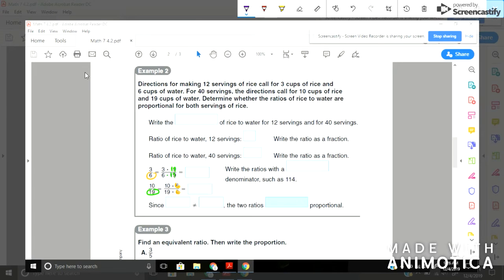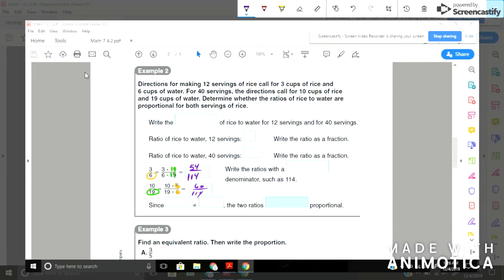So on top, we'd have 3 times 19 would give us 57 over, and 6 times 19 would be 114. And in the other fraction, 10 times 6 on top would give us 60 over, again, now 6 times 19 was 114, so 19 times 6, 114.